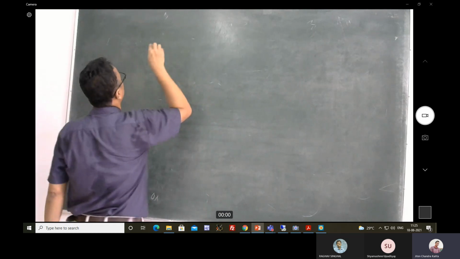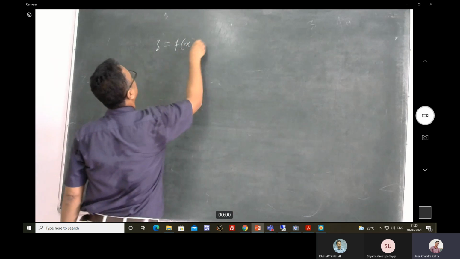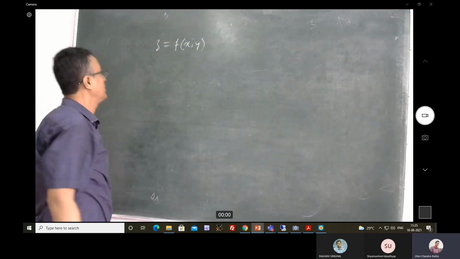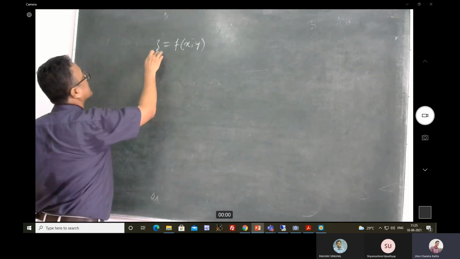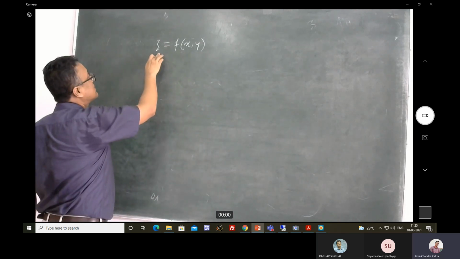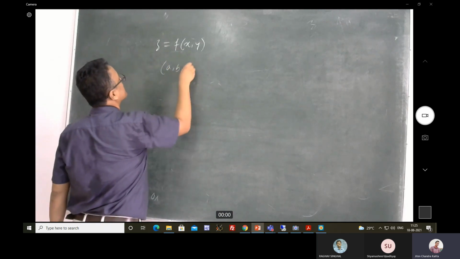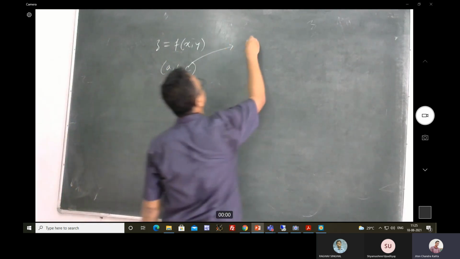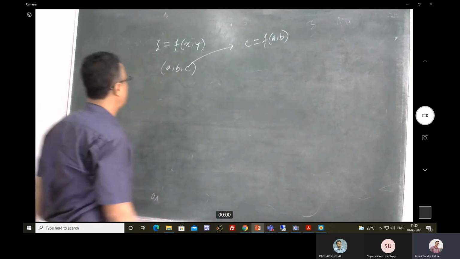Okay. So we have already learned, suppose I have a surface given by this. Now, if I want to find out the tangent plane to the surface at the point (a, b, c), and of course this c is nothing but f(a, b), right?